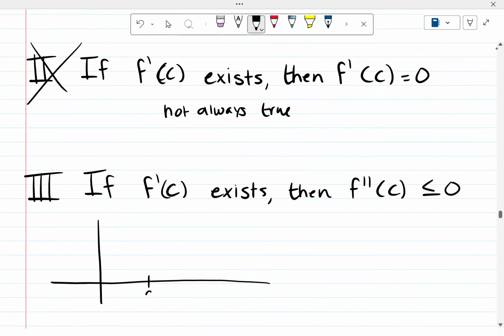Here's your a, here's your c, and here's your b. Here's c, and then it's like concave down, like an absolute value.